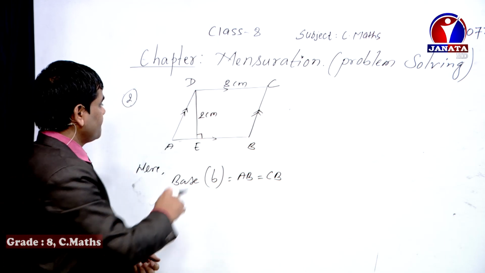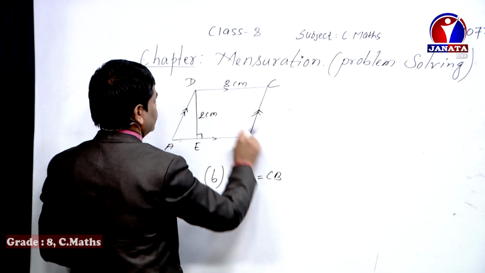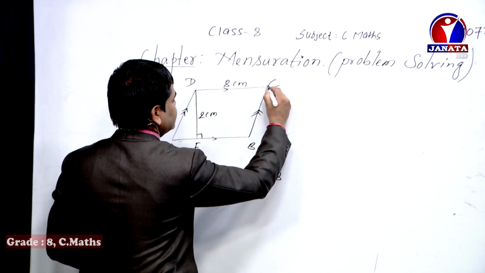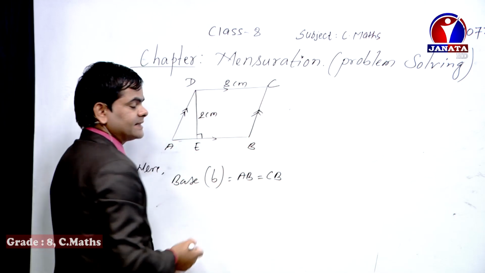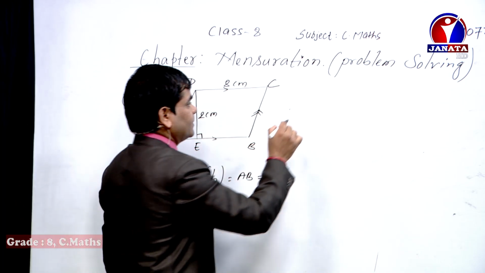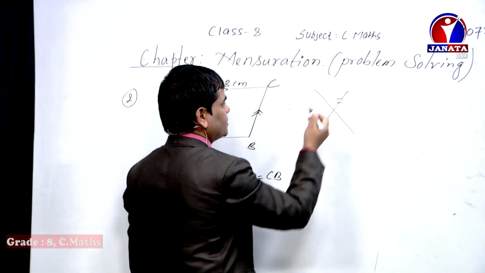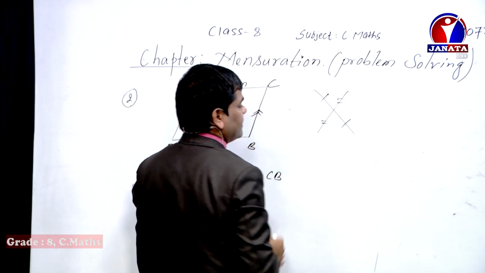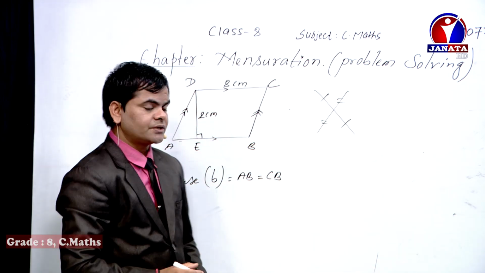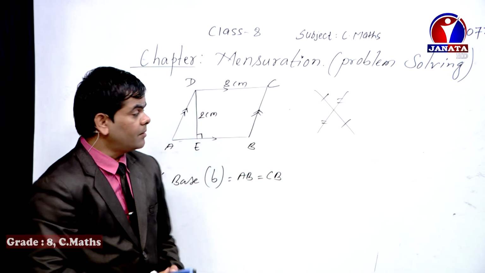And another one, when we join the diagonals of the parallelogram, that means AC and BD, they bisect each other in this way. That means the length of this side and this side become equal, and the length of this side and this side become equal. That's another property of a parallelogram.